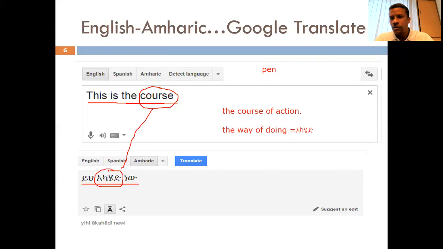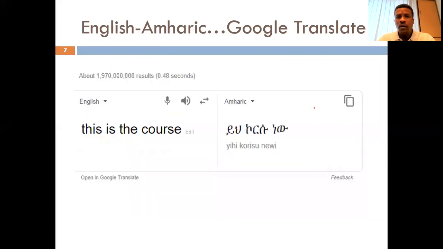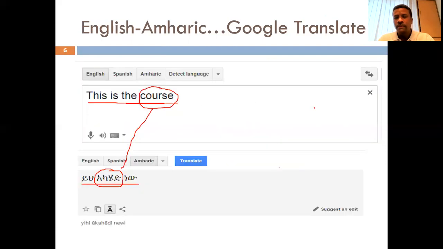By the way, it uses neural network and deep learning, and it is a statistical machine translation. Now, there is something that we have to also recognize in here. Now, after a while, mind you, this is the first one. This was done when Google included Amharic in the translation list.